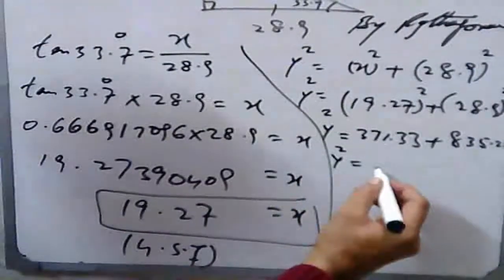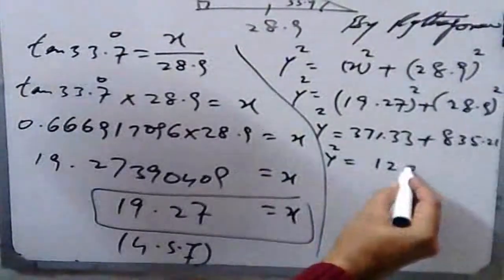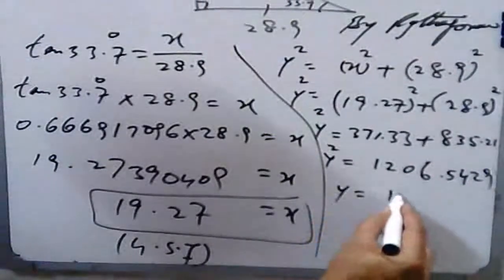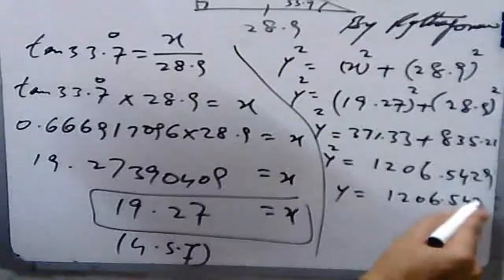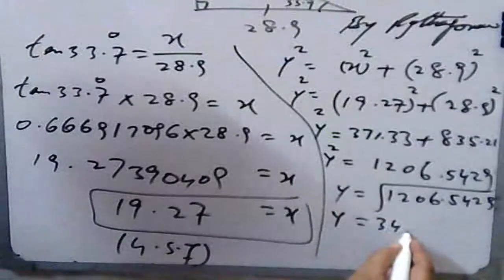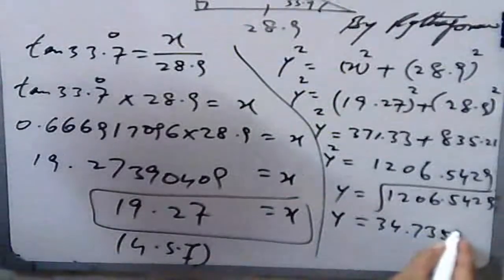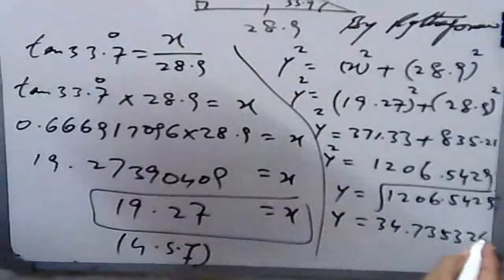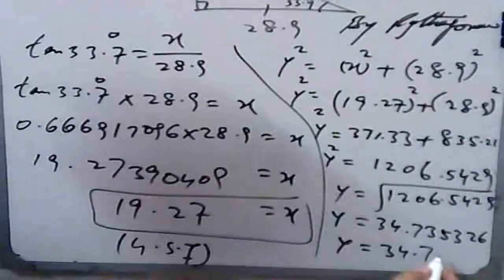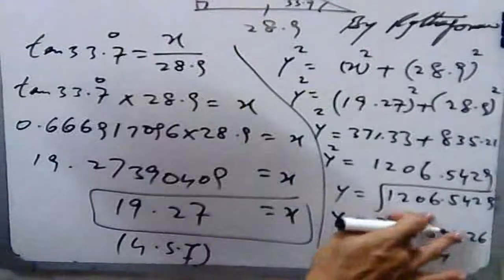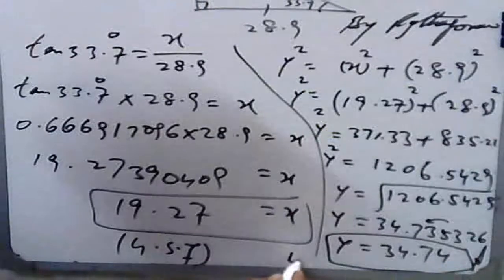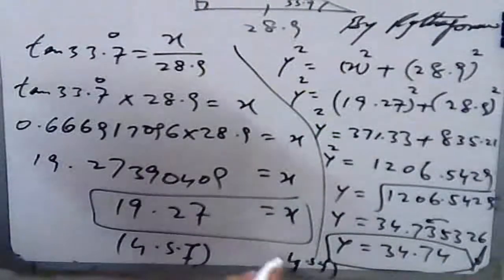So the value of y square after adding you will get 1206.5429, but we need the value of y, so you should take the under root, so the value of y is 34.735326. So the value up to 4SF is 34.74, because it becomes 4, you can see here. So you can add 1 up to 4SF, that is your required result.